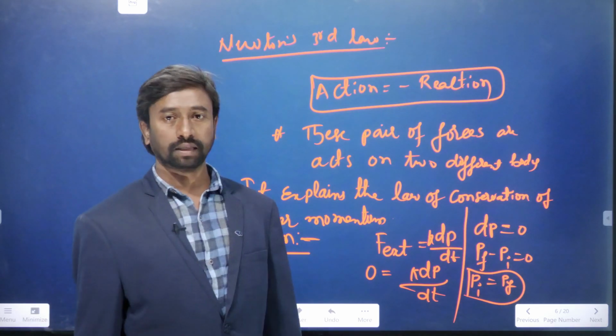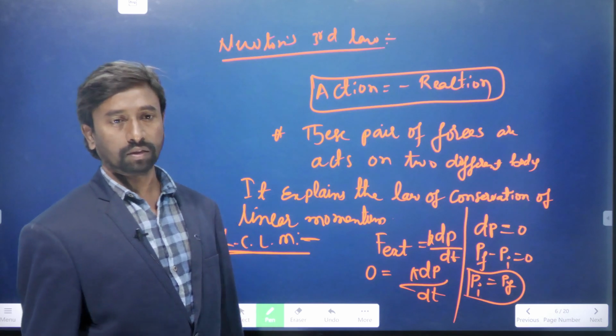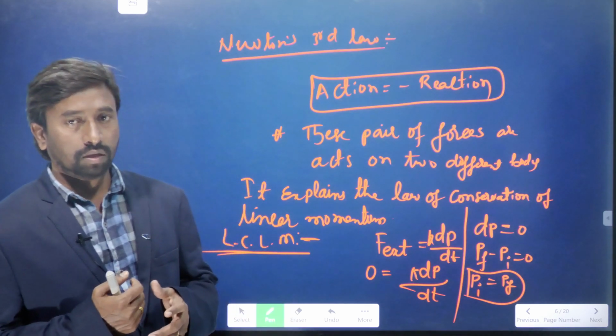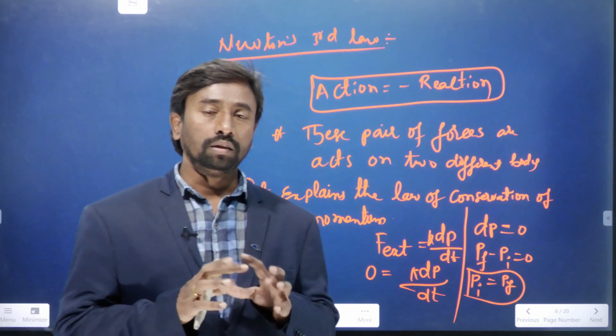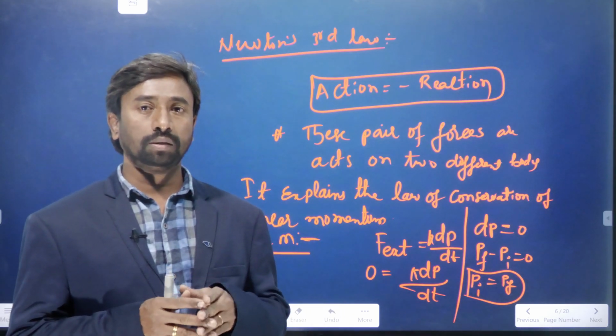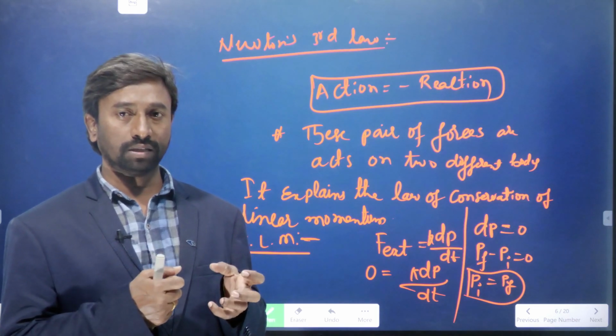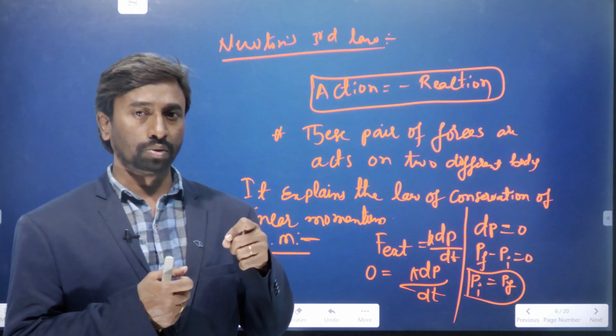We can take the example of the recoil of a gun. Before the gun fires, when the gun is loaded with the bullets, the total momentum, which is nothing but mass and velocity, is zero. After loading, the gun is at rest only. There is no motion.